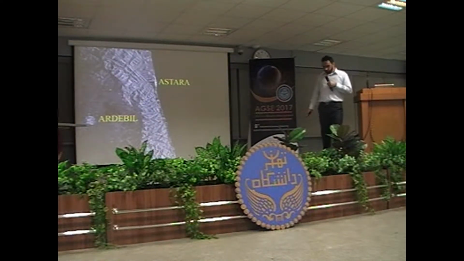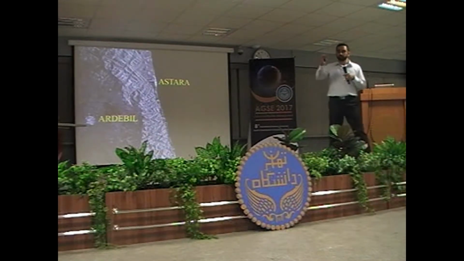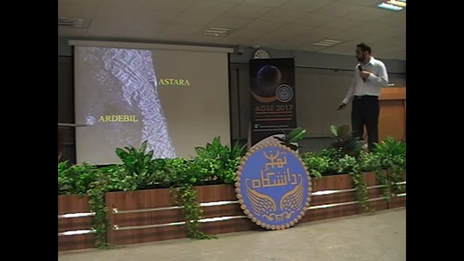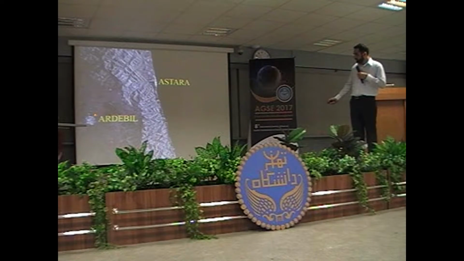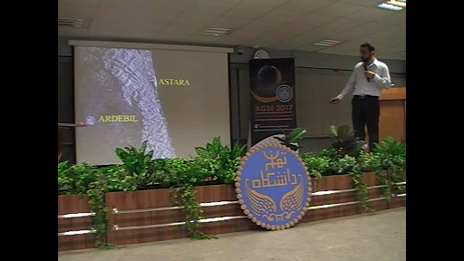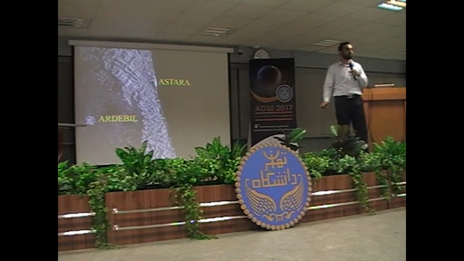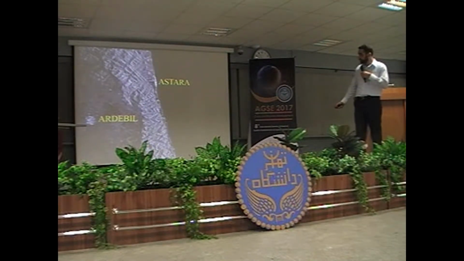If you look at this image, this is a radar image from the northeast of Iran. Here we have the city of Ardabil. It's an urban area, and the surrounding parts are mainly agricultural areas. If you compare this part to this part, it's very bright, and the main reason is the existence of corner reflectors, like the buildings and towers in the city, but the other parts are very dark.